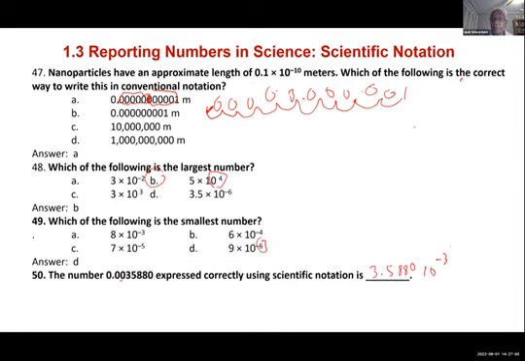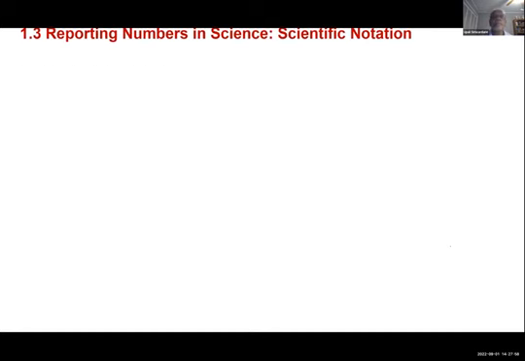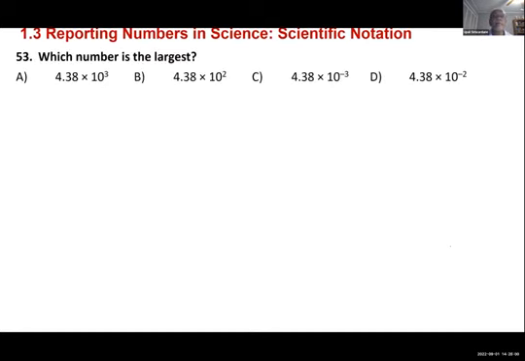Let's see whether we have the answer. So the answer is C. All right. Which number is the largest number? All the numbers are equal, so the largest number is the one with the largest exponent. Therefore, A is the answer.